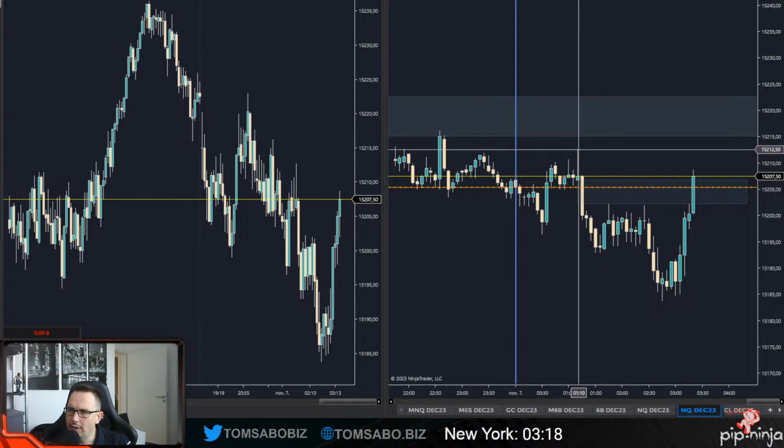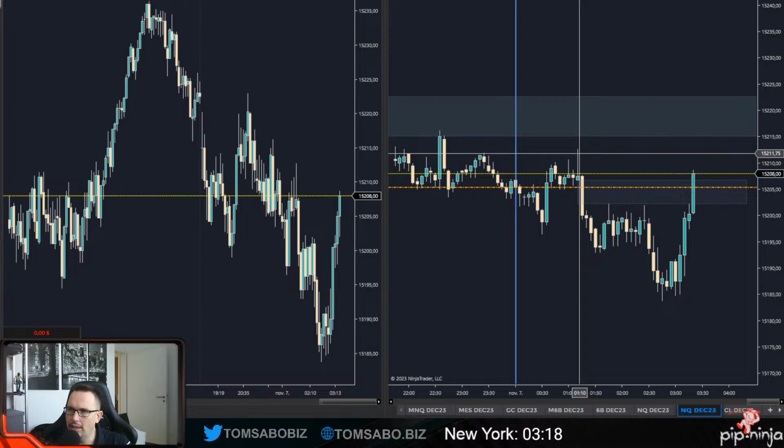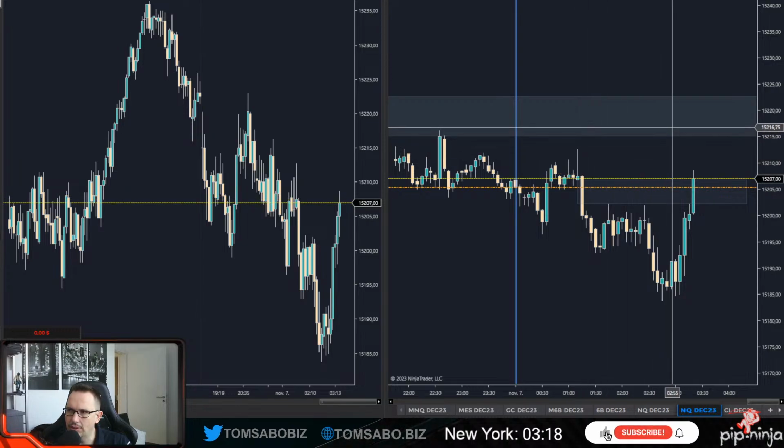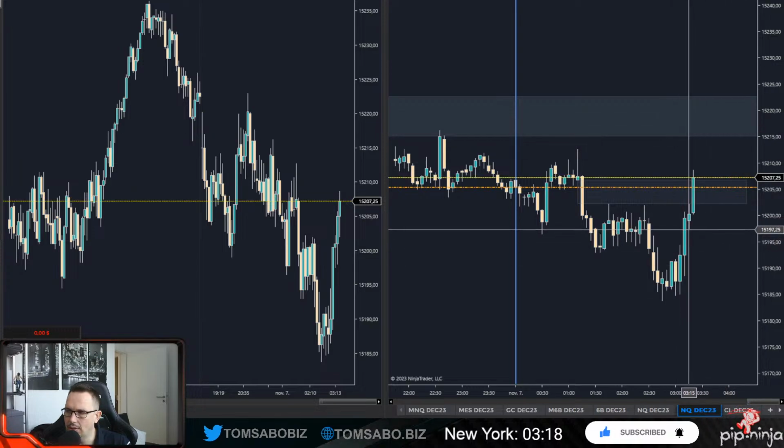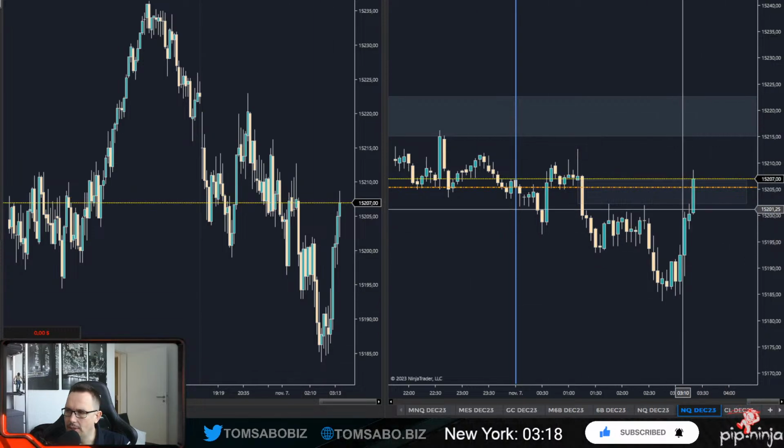So if we're gonna trade above this candle, then it's highly likely that we're going to go into this area up there.